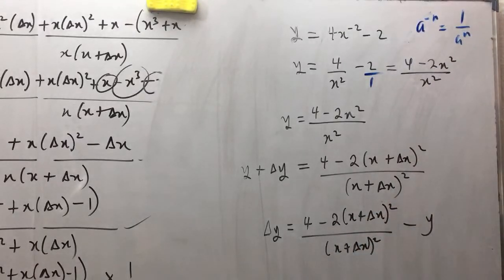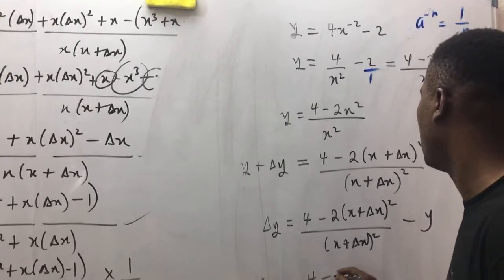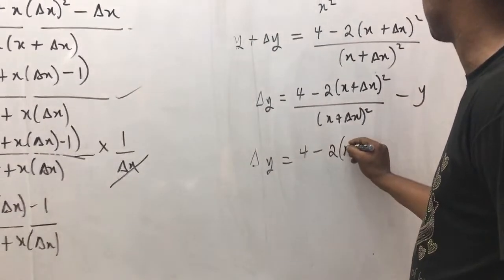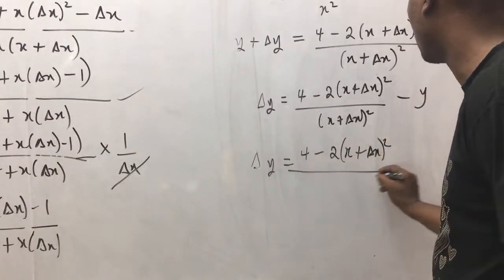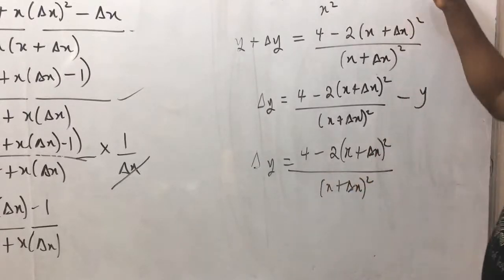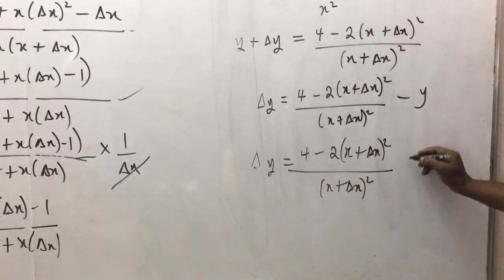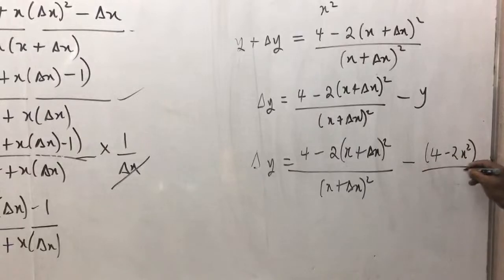Okay? But obviously, if you take note of the fact that y, we were told, has been expressed as this, I'm going to put in place of y minus 4 minus 2x squared all over x squared. Hope we are good.